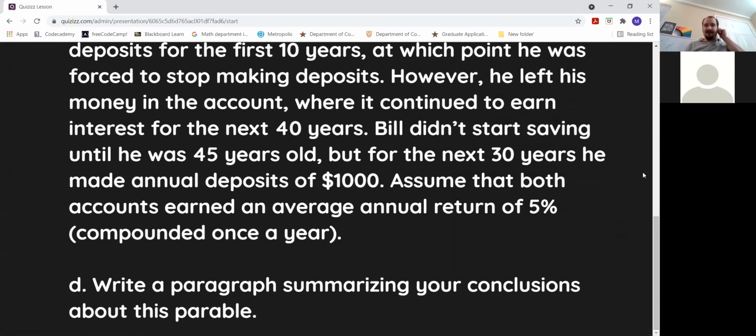So write a paragraph. In this paragraph, you should contain how much each of them deposited. Within the paragraph, you should say how much each one of them made. You should say what your inference is on that. Why is Mitch making more than Bill?